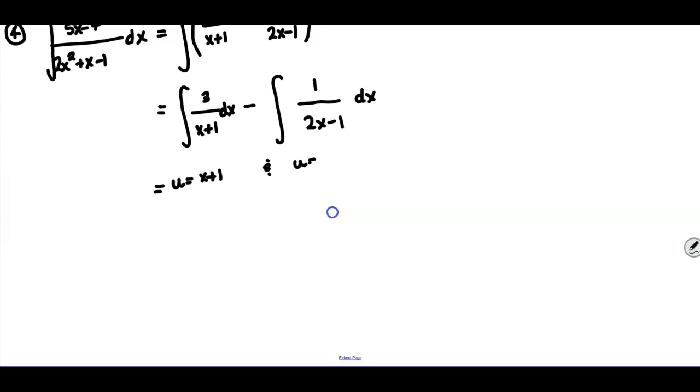And then for the second integral, we're going to let u equal 2x minus 1. And so therefore, we would end up with 3 times 1 over x plus 1 dx minus 1 over 2x minus 1 dx.